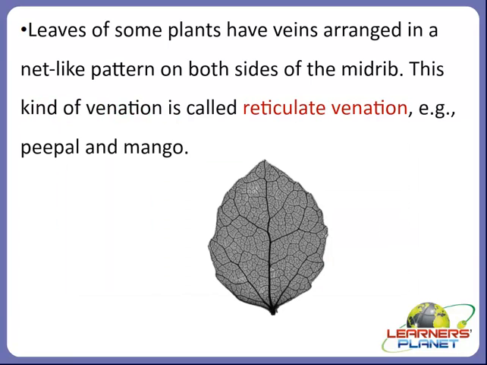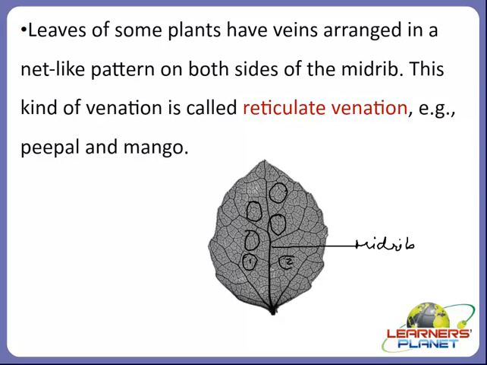Yes, leaves of some plants have veins which are arranged in a net-like pattern. Here you can see in this picture there is a net-like pattern on both the sides of the midrib. This is the midrib, and here you can see that there are veins which are arranged in a net-like pattern on both the sides.